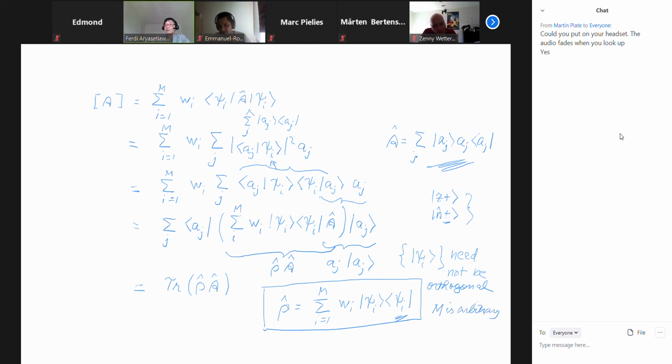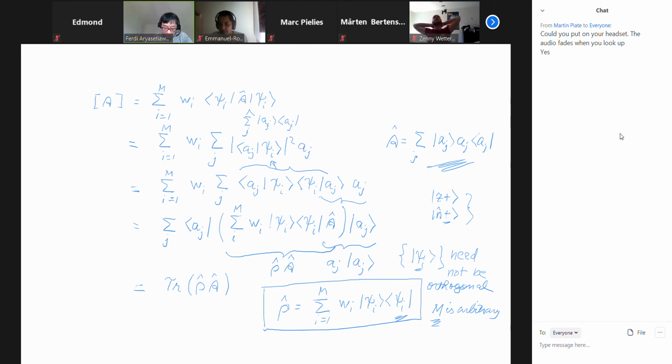It can be very large, can be very small. It depends on the ensemble. So if we have spin half particles, the Hilbert space is two-dimensional, but this m can be anything, 100, 1,000, whatever. So obviously the states cannot possibly be orthogonal if we have more than two. The states can be any state defined in the Hilbert space of the system.